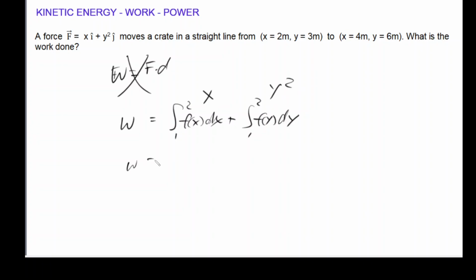So we get work is equal to the integral of x dx, where x goes from 2 to 4, plus the integral of y squared dy, where y goes from 3 to 6.